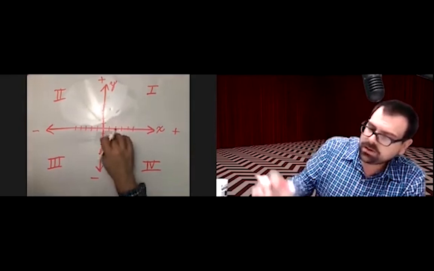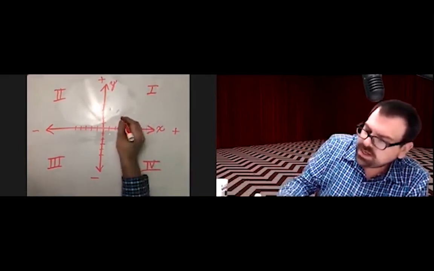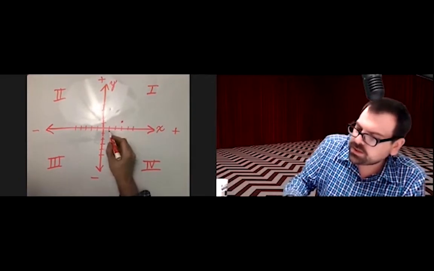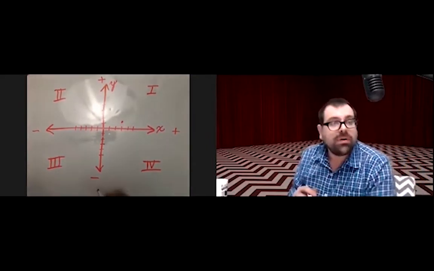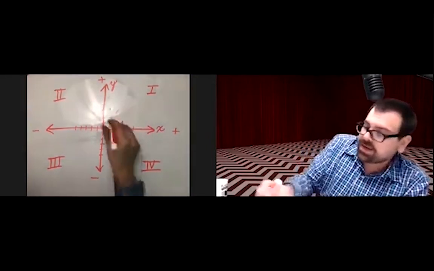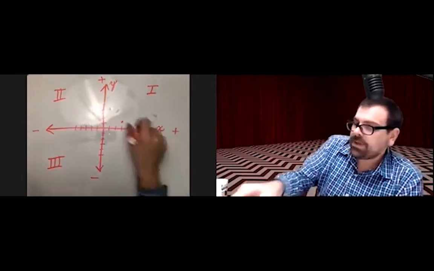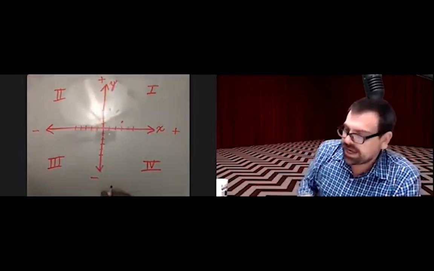A point, say this one here, 1, 2, 3 to the right, and 1 up, would have both an x coordinate based off of its position on the x-axis and a y coordinate based off of its position on the y-axis.